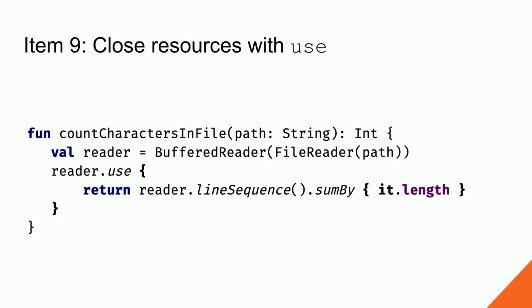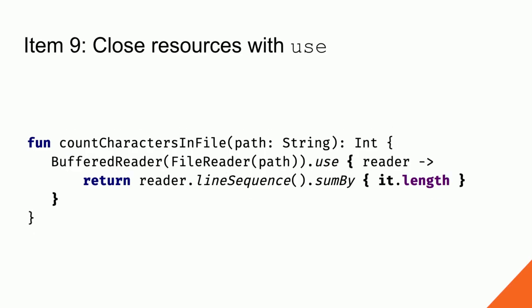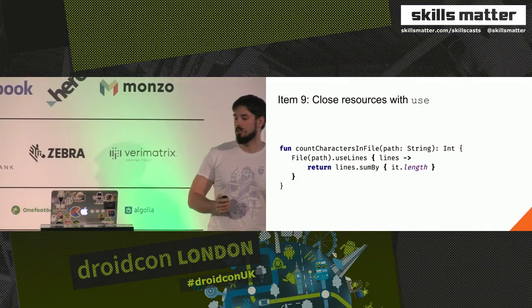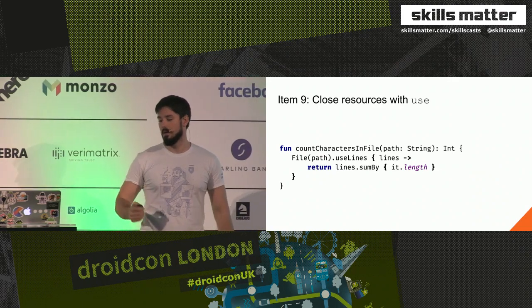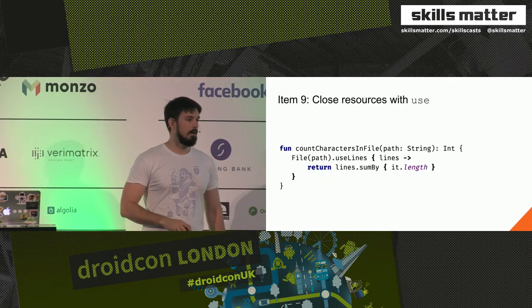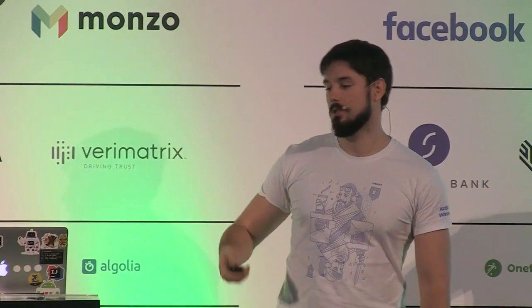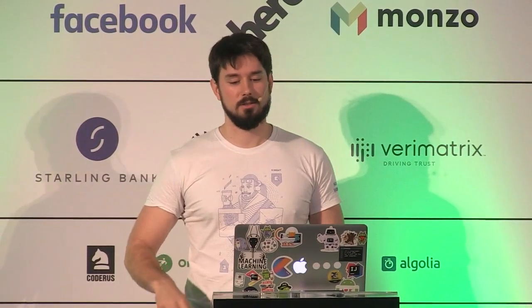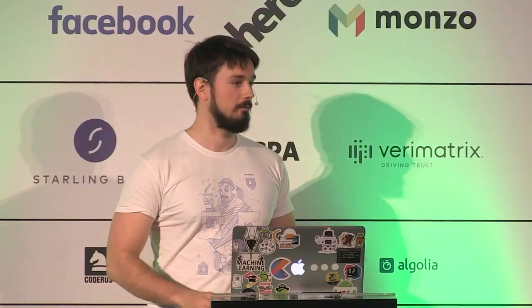The argument of use is the receiver, so we can make it slightly shorter. And what is more, instead of use and getting a sequence, we might just use lines and operate on that directly. And useLines, which is a good function to read from a file, can be used as an expression, so everything can be shortened in the following form.